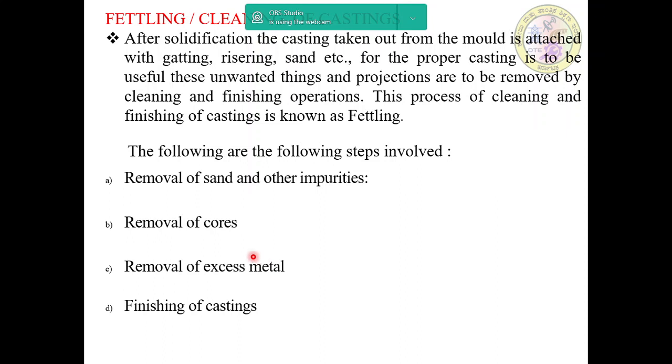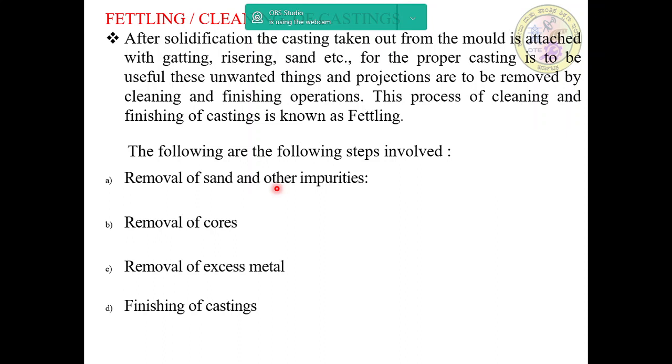In this, the rough casting removed from the mold consists of adhering molding sand particles, and then core sand, oxides and scale, which have to be cleaned first. This is achieved manually, or mechanically, or by chemical means.